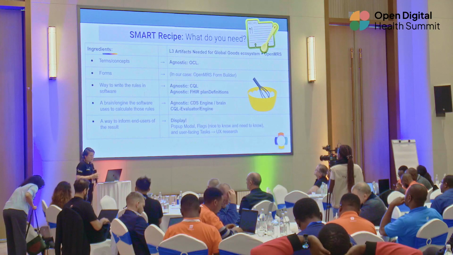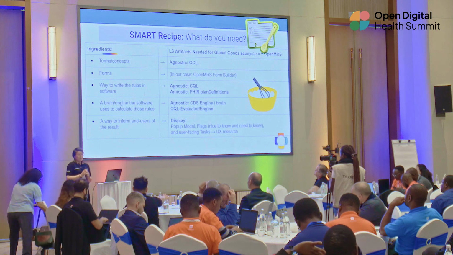So for all of these ingredients that you need, there are different tools available, and we just heard about many of them today in the last 2 days. The one that we've been using in OpenMRS is a global good called OCL, which stands for Open Concept Lab. They host a wide variety of any kind of terminology system, whether it's ICD or others as well.